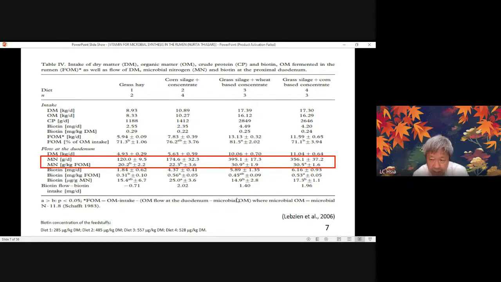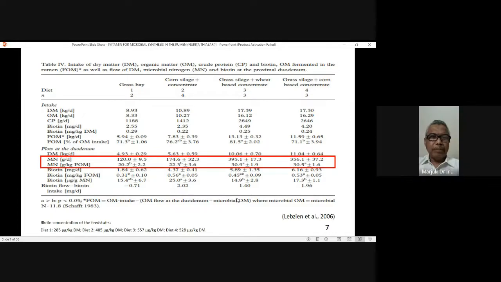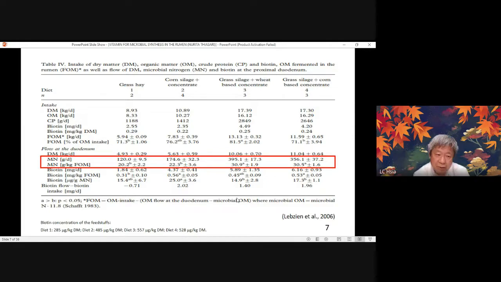Okay. I think, did you notice one thing that is interesting? The question is, the biotin in treatment 2 is higher, 4.37, compared with treatment 1. So why here the 4.37 is higher than treatment 1?